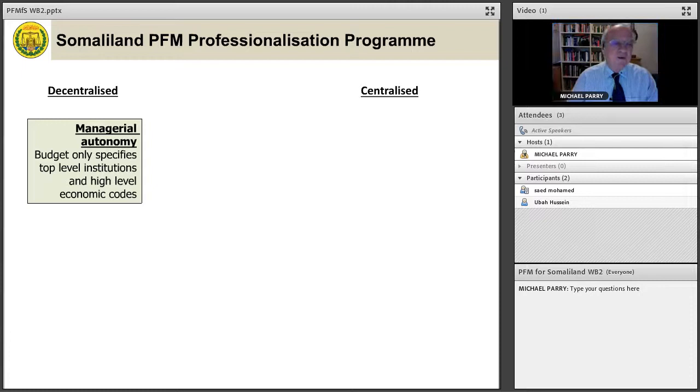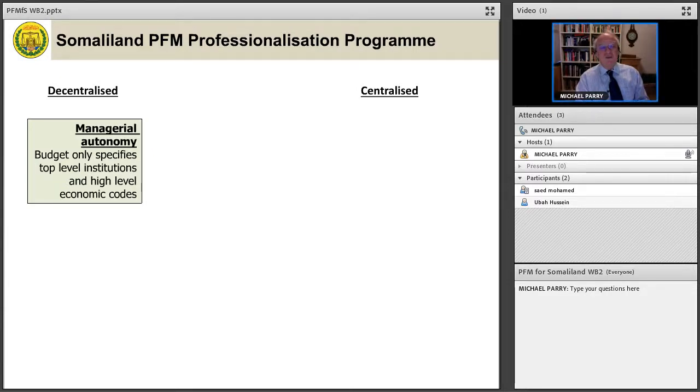Now that links to the way you manage your system. A decentralized system gives managerial autonomy. It basically means that New Zealand is the country which has gone furthest in this respect, incidentally, if you're looking at examples. In New Zealand, the budget only gives very high-level allocations to ministries.